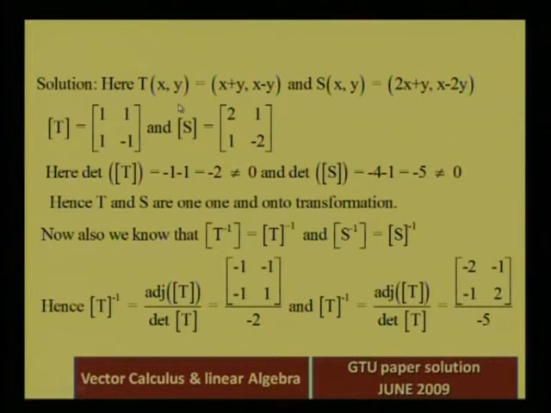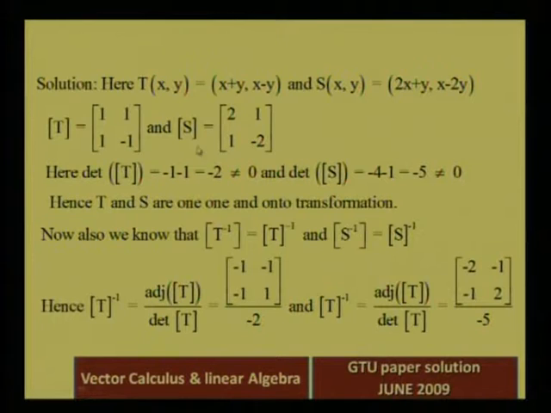T(x,y) is equal to (x plus y, x minus y), and S(x,y) is equal to (2x plus y, x minus 2y). So the standard matrix of T is [1 1; 1 -1]. How does it come? The first row 1 1 comes from the first coordinate x plus y, where the coefficients of x and y are 1 1, and in x minus y the coefficients of x and y are 1 minus 1.